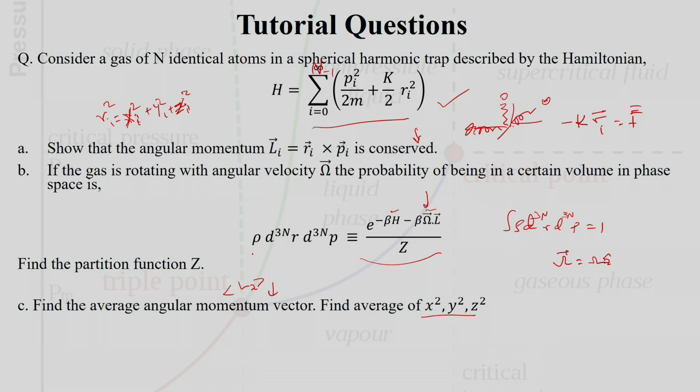This is the probability of finding the ith particle in a volume d cubed Ri and d cubed Pi in the phase space.